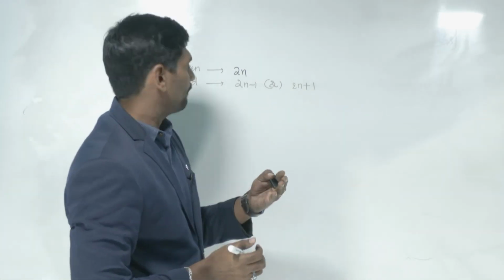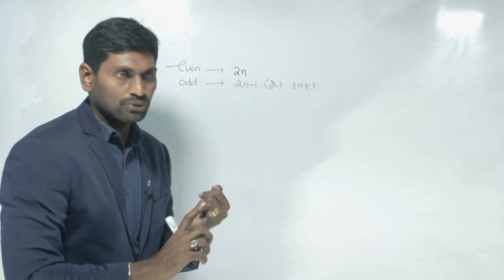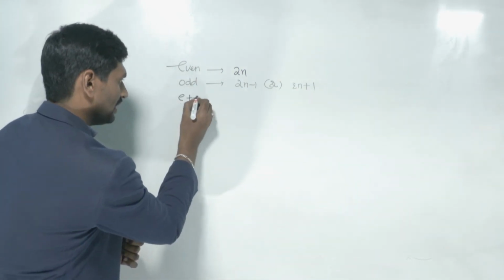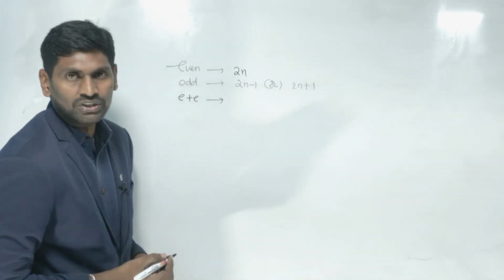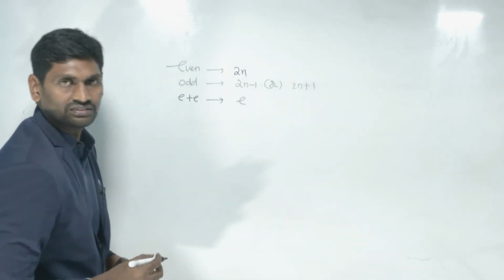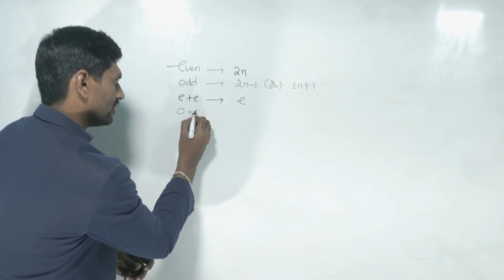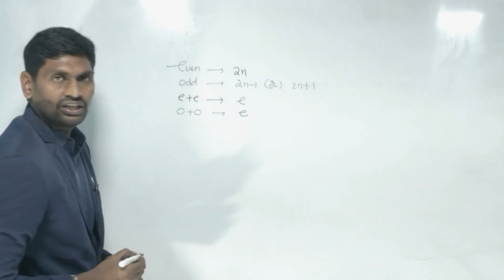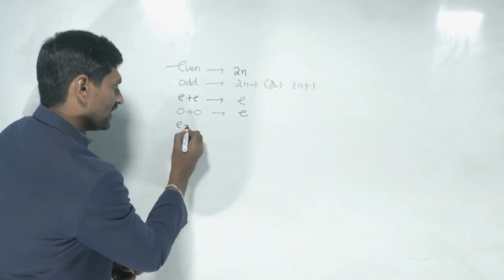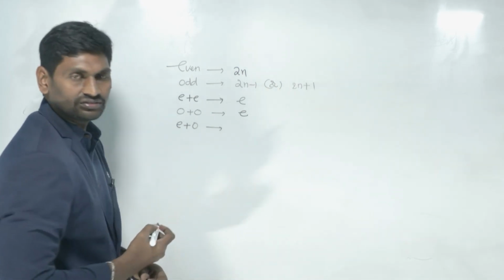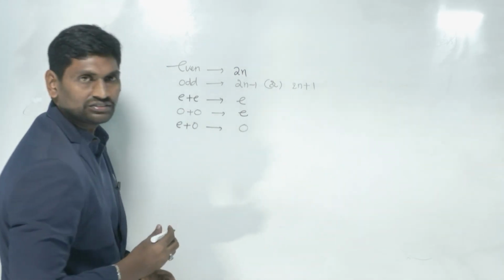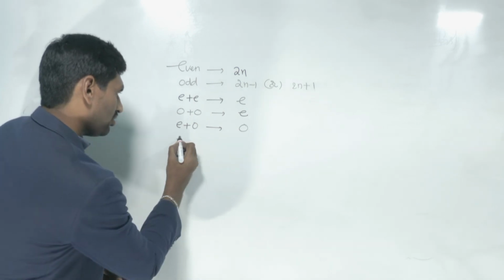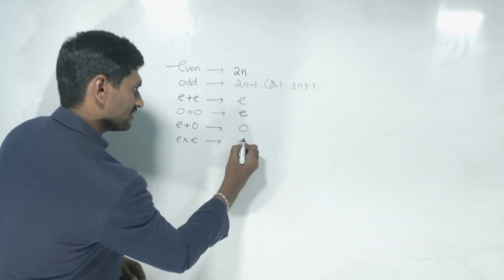Next, the conditions. Sum of 2 even numbers is even. Sum of 2 odd numbers is also even. One even number and one odd number: odd. Now product of 2 even numbers: even.